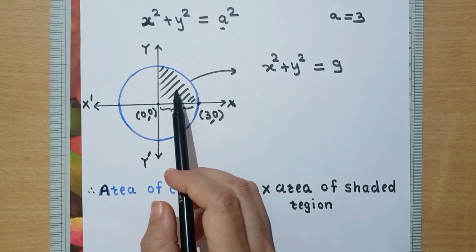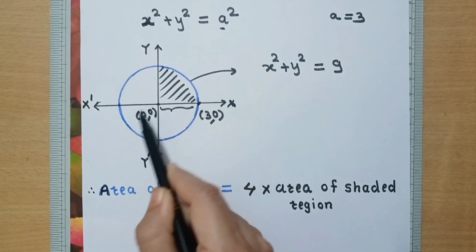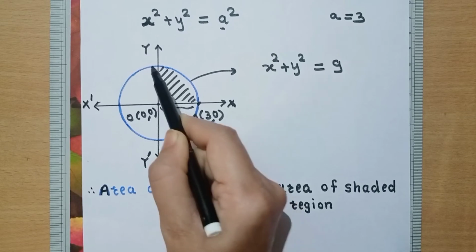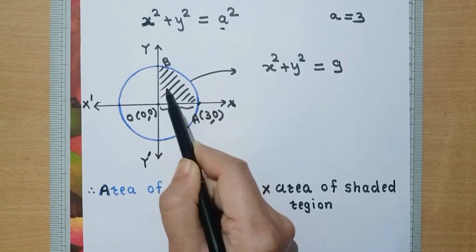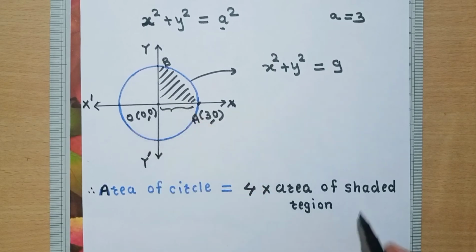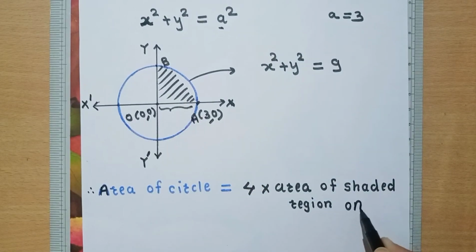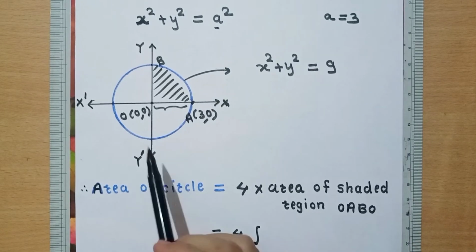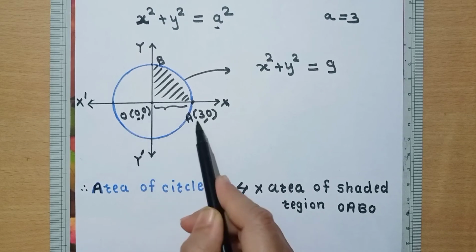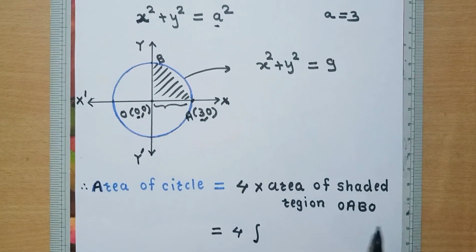You can give a name also to this shaded region. This is origin O, this is A, this point is B, and so this region will be OABO. And here we have limits of x. Check here, from x is equal to 0 to x is equal to 3.